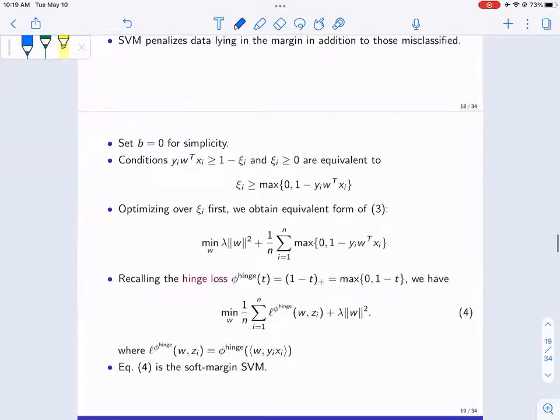So now I have these two conditions, right? And the claim is that I can write it compactly like this. Why can I do that?